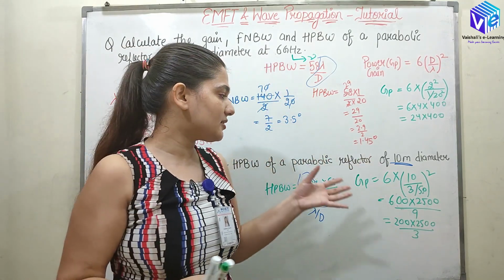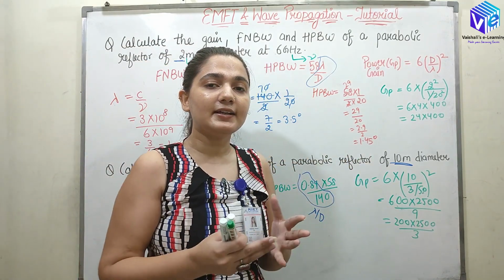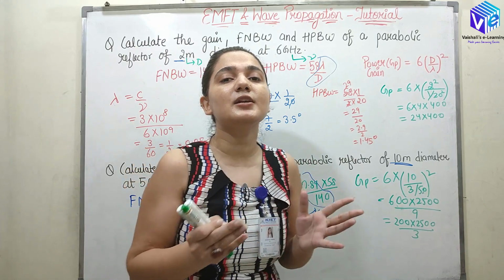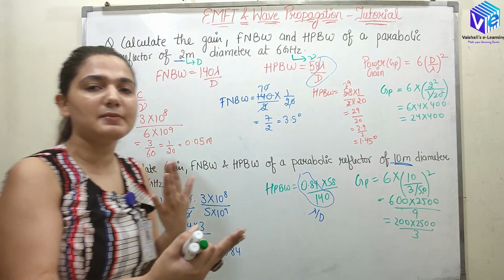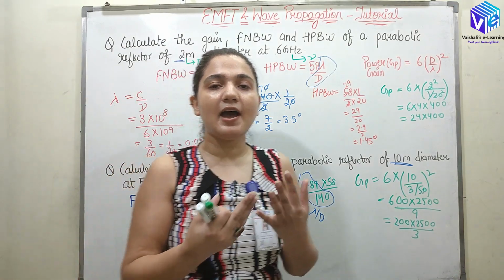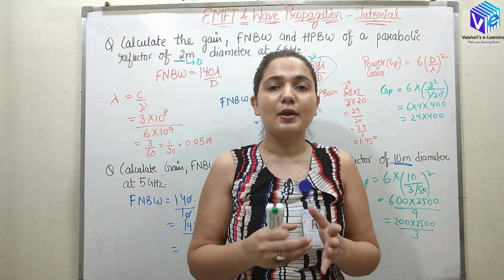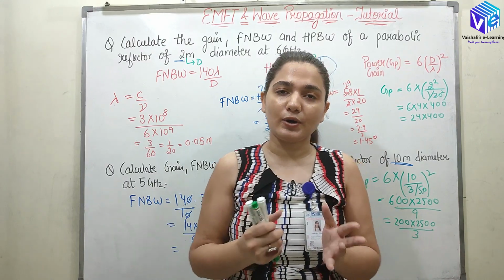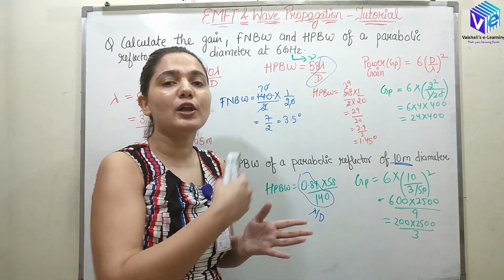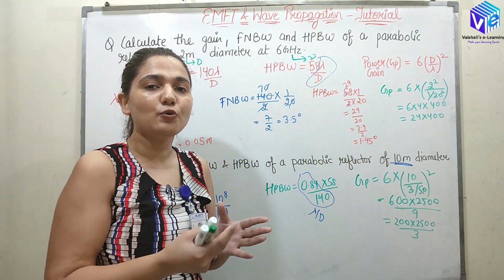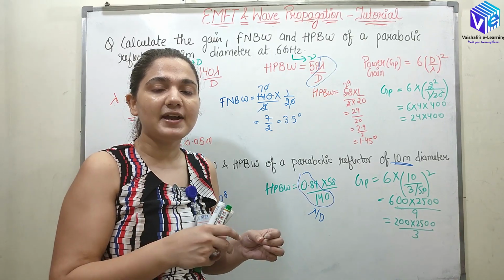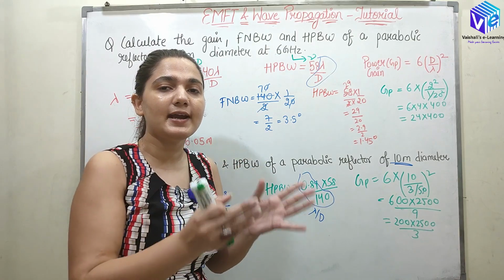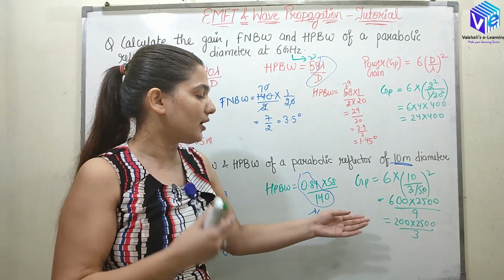This is the reason a larger reflector antenna diameter is required, and reflectors with larger diameter provide more gain. Whenever we have more gain, it means we have a better signal, so we can transmit it to a longer distance without being affected by the noise. It will not get much weakened over the distance.